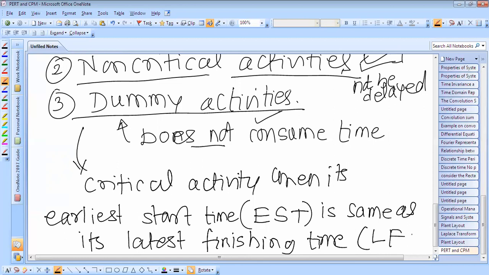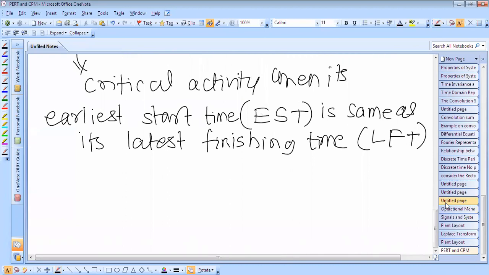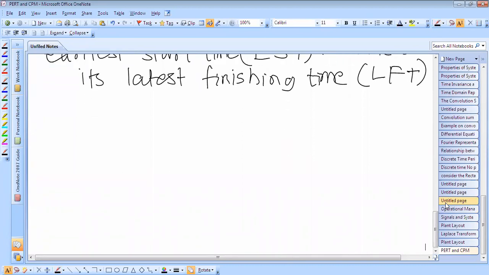So if the earliest start time is the same as the latest finish time, then that dummy activity we can call a critical activity. That we have to keep in mind. So activities can be classified like this.